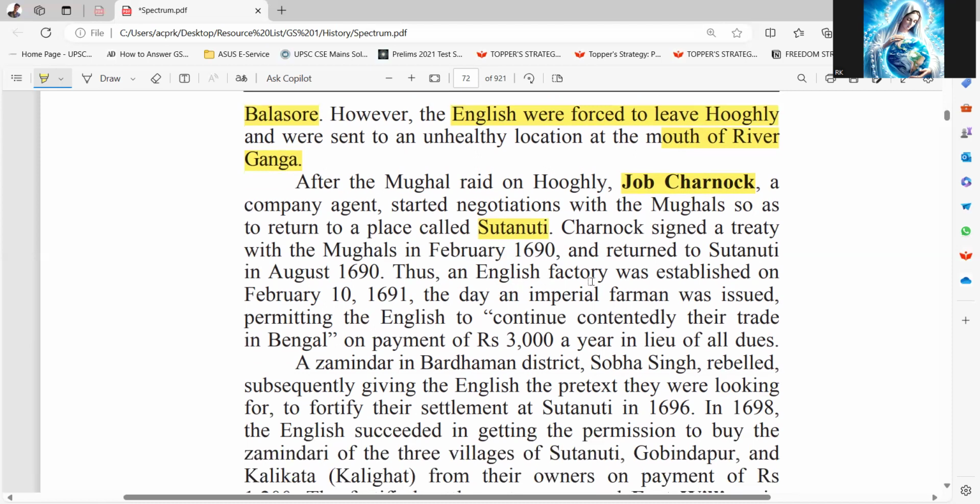Thus, an English factory was established on February 10, 1691, the day an imperial firman was issued, permitting the English to continue contentedly their trade in Bengal on payment of Rs 3,000 a year in lieu of all dues.